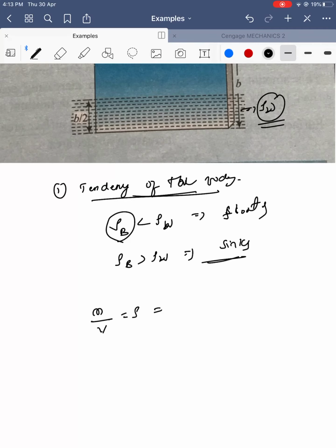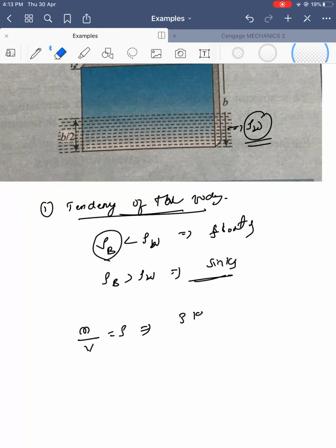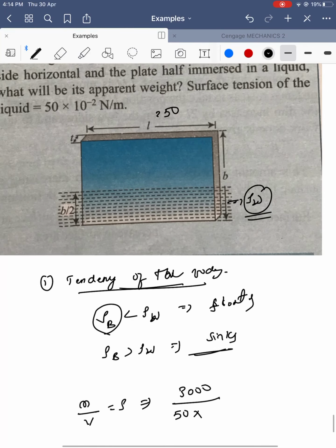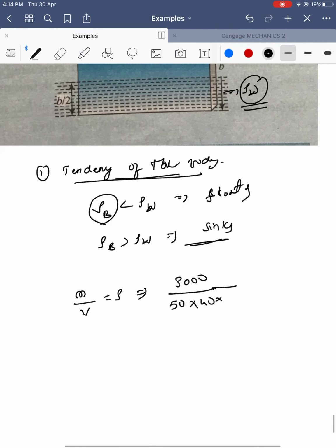Mass by volume is nothing but density, and mass is 3 kg. So 3 kg we can write as 3000 grams, divided by 50 into 40 into 5. The zeros get cancelled, and 30 over 20 into 5 gets cancelled, and 1.5, and it's going to be 0.3.